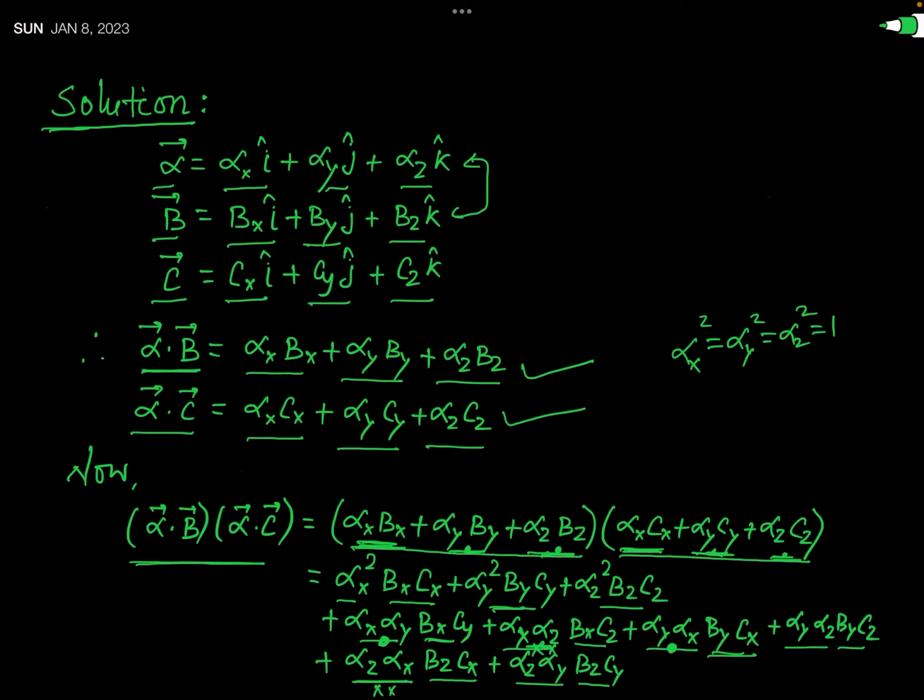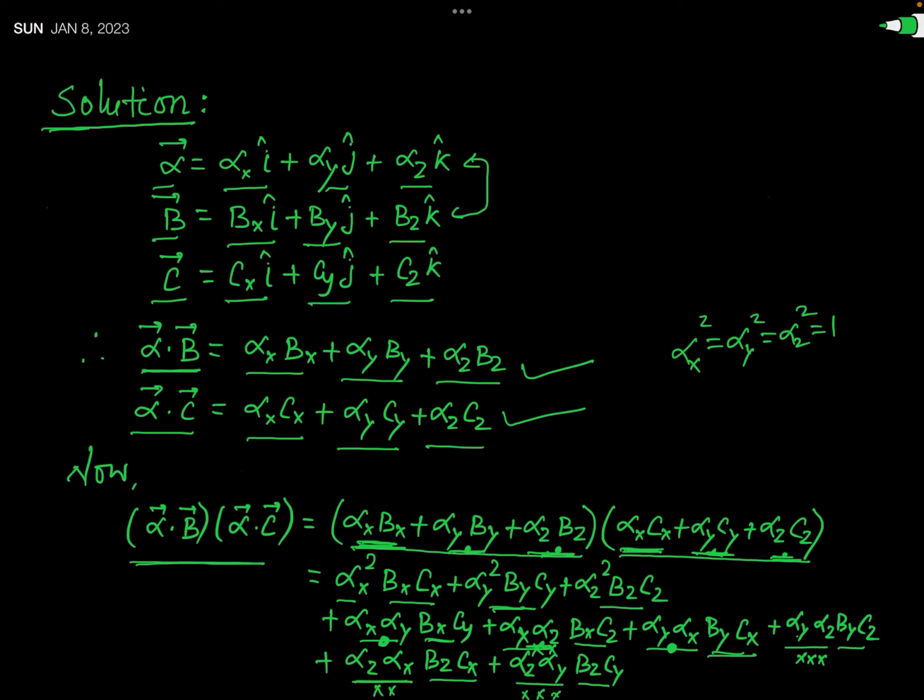So you can see this alpha z alpha x is equal to minus alpha x alpha z. So again here alpha z alpha x will be common, and the remaining term will be bz cx minus bx cz. Okay. And similarly, this alpha y alpha z, I am marking it by 3 crosses here. This is actually equal to minus alpha z alpha y. Okay. So this alpha y alpha z will also be common.